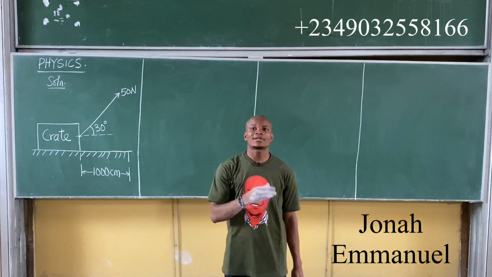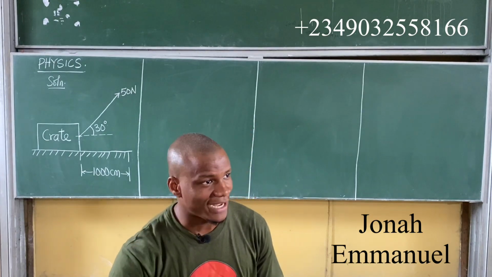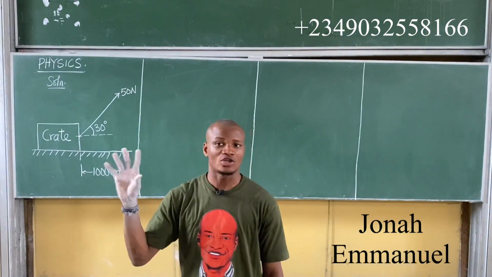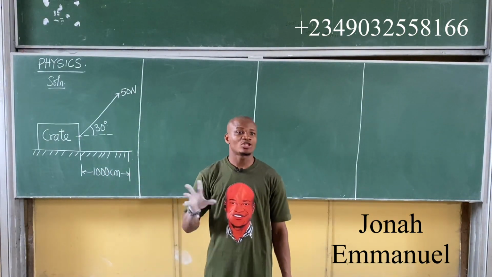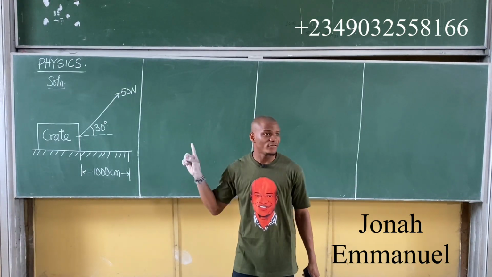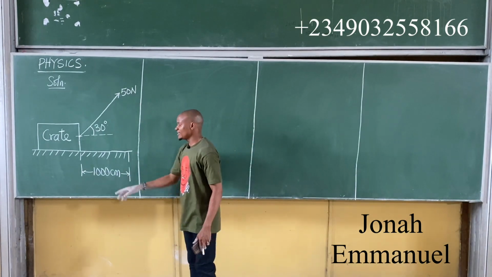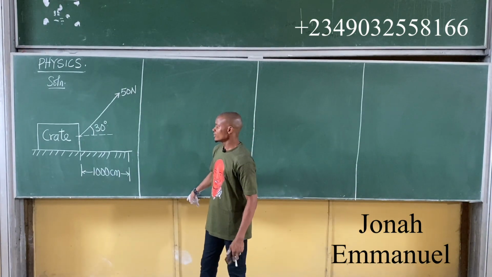In physics, work is said to be done when a force moves a body through a distance in the direction of that force. That's work done. Now, mathematically, work is equal to what? Force times distance. What is the problem for this? I have a force of 50, I have distance 1000 cm.